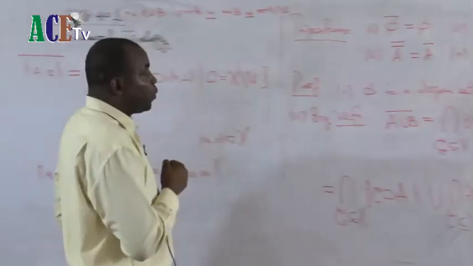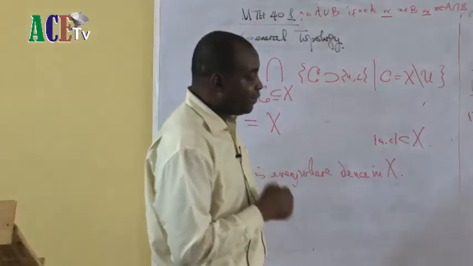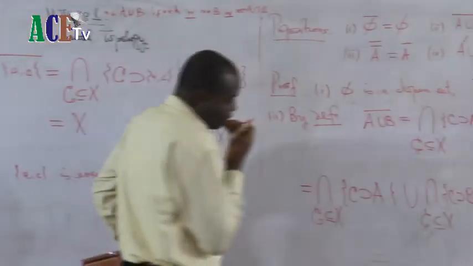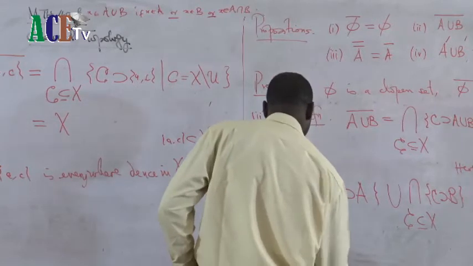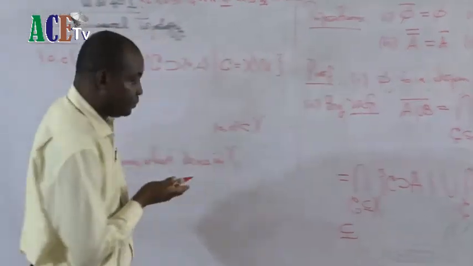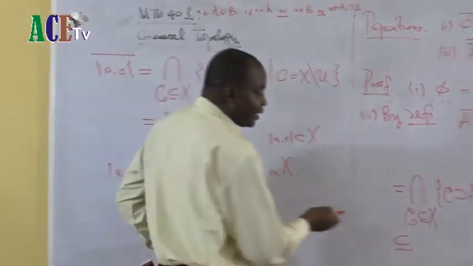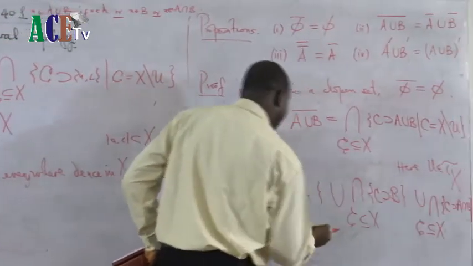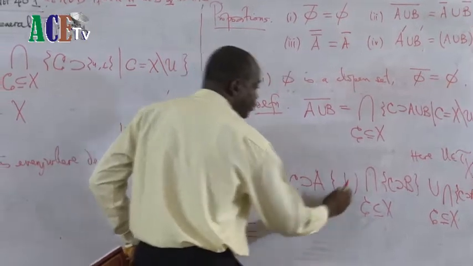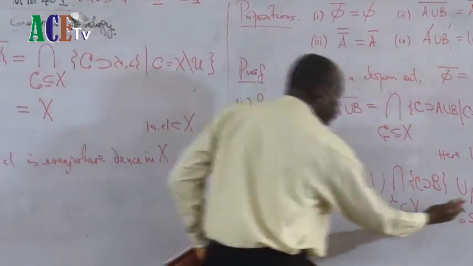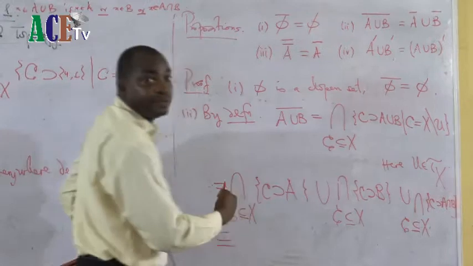So what do we do with this? We can now claim that this is a subset of what? This union this. We can exclude this.